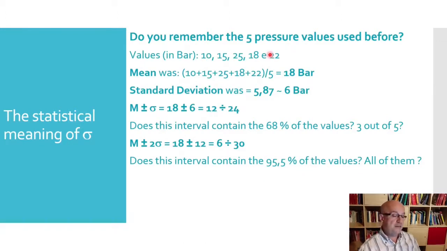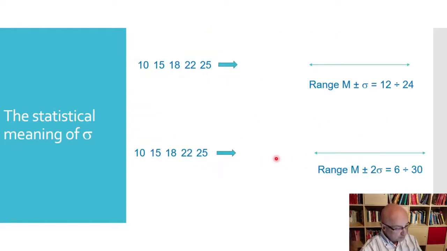Okay, the 95.5% of these 5 values would be a number around 5, so 4.7, 4.8. But we can round it considering that all of the 5 numbers should be included in this range. Is this the truth? Let's see this in this pictorial representation.